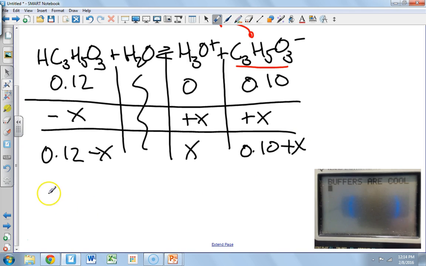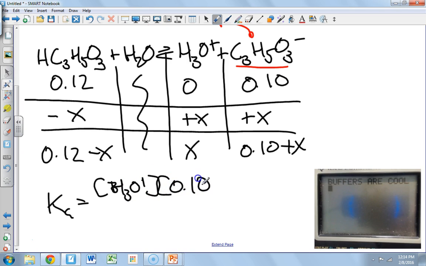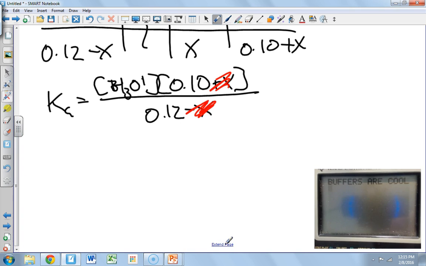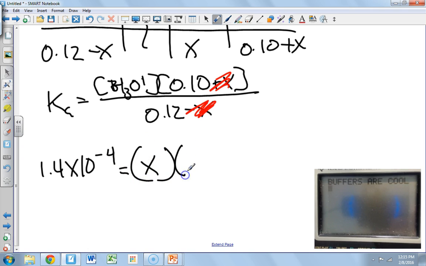Now Ka equals the concentration of H3O plus times 0.10 plus x, all over 0.12 minus x. When we do that, we assume x is teeny tiny. So 1.4 times 10 to the minus 4 equals x times 0.1 over 0.12.